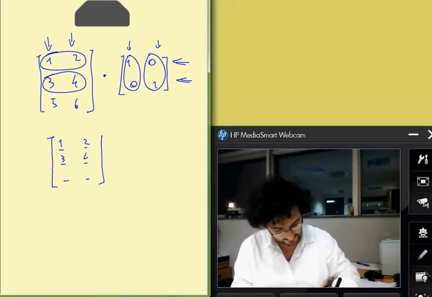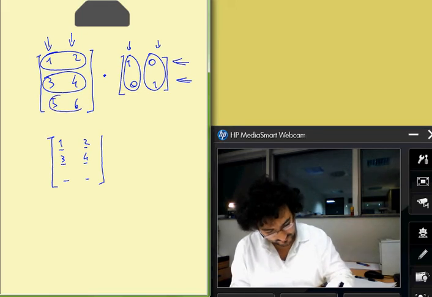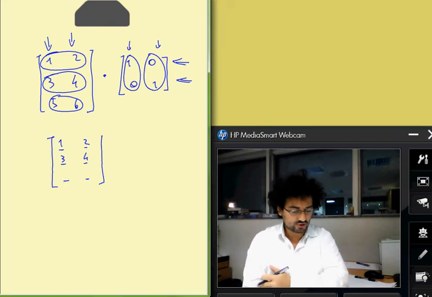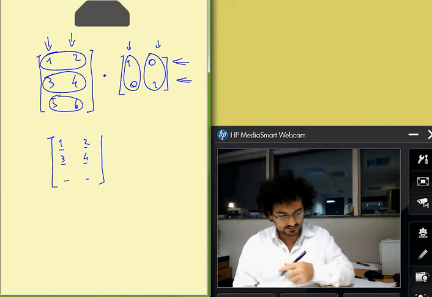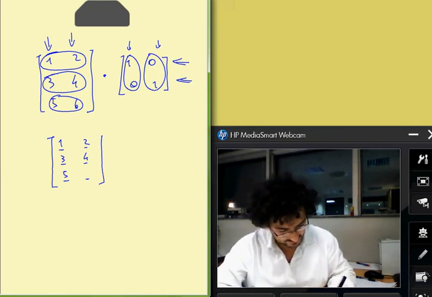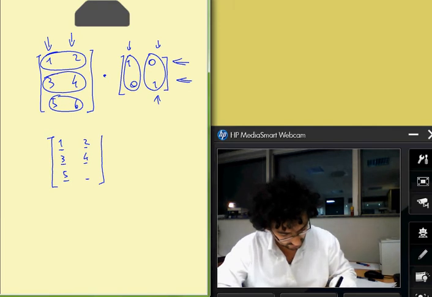Finally, we have the third row and the first column, which is 5 times 1 plus 6 times 0, which is 5, and considering the second column, 5 times 0 plus 6 times 1, which is 6.